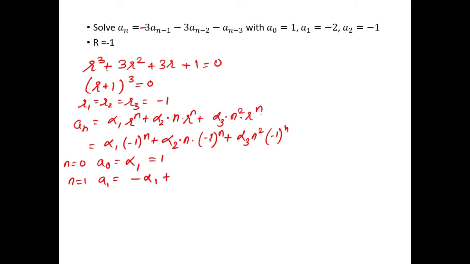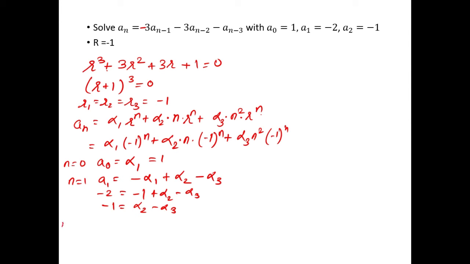So minus 1 into minus 1 is plus 1, so plus alpha 2, plus alpha 3 into minus 1 raised to 1 is minus, so this becomes minus alpha 3. And therefore this equation becomes minus 2 is equal to minus 1 plus alpha 2 minus alpha 3.